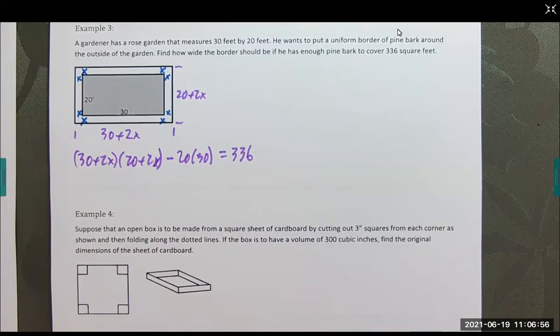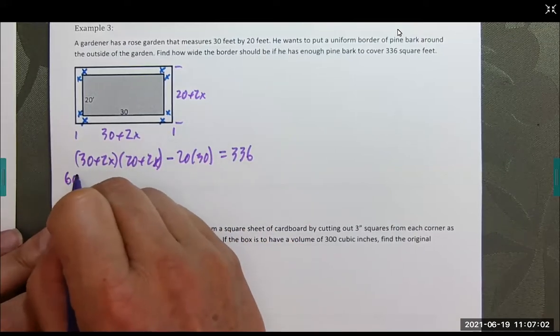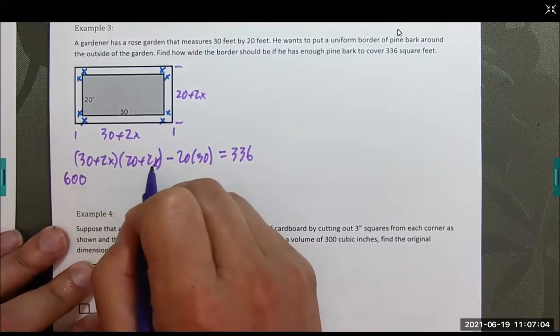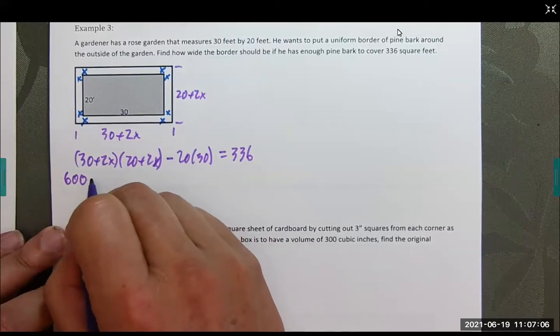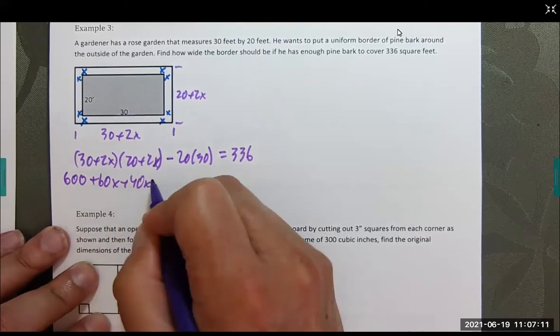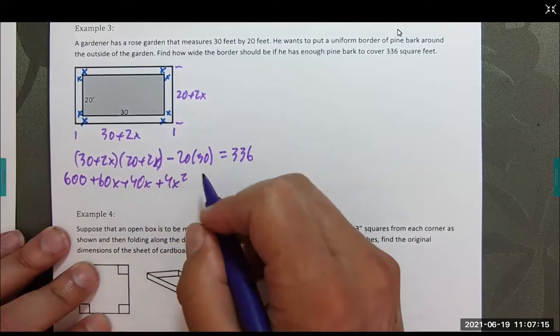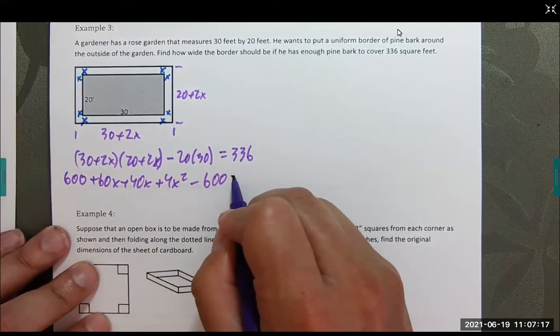All right, let's get to multiplying. So here we go. 30 times 20 is 600. That's going to give 60x. That's going to give 40x. That's going to give 4x squared, minus 600 equals 336.